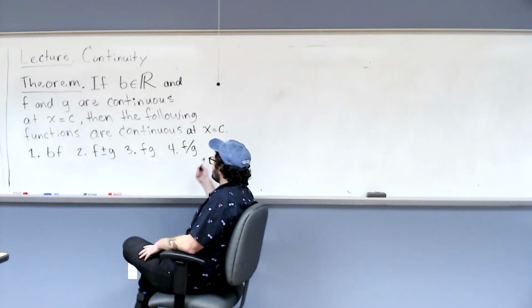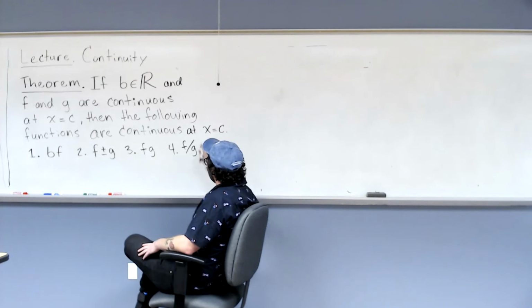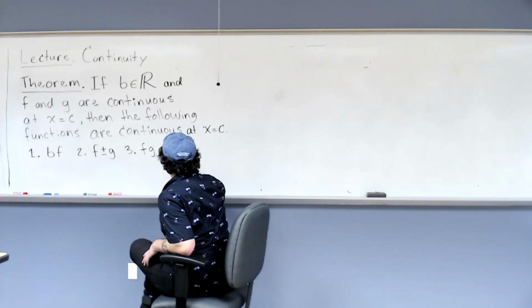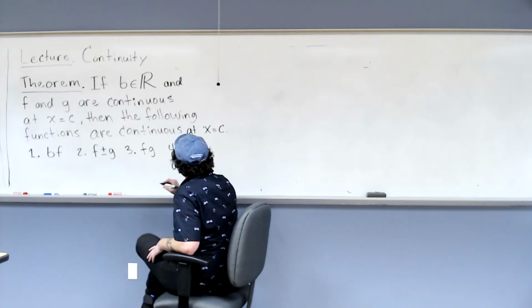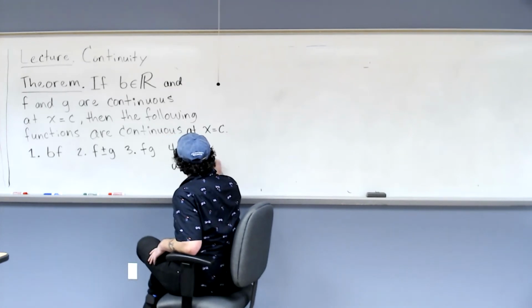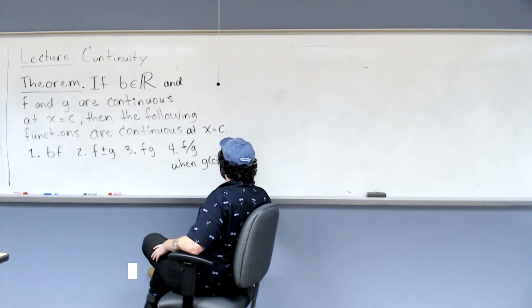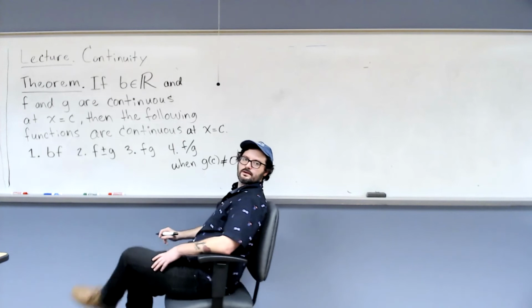We have division by something, and we haven't specified anything about whether or not that could be 0, right? So we have to always be careful and note that this holds when G evaluated at c is not equal to 0. Okay.